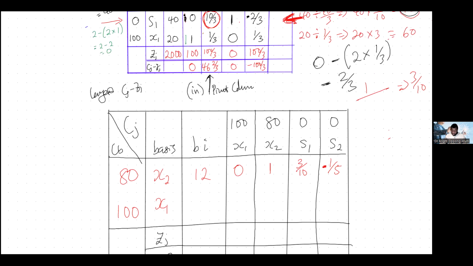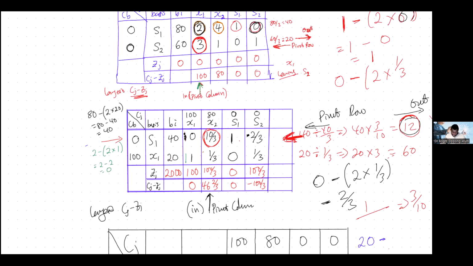The new number to fill this area is the old number, 20, minus the corresponding pivot number.